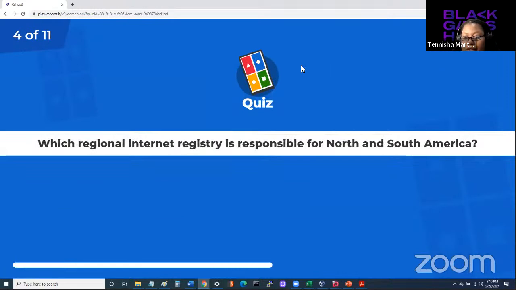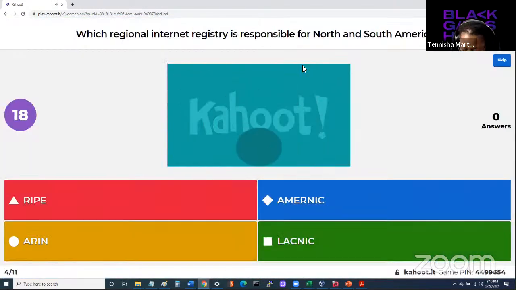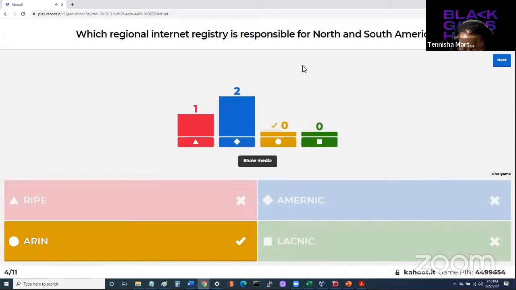Which regional internet registry is responsible for North and South America? All right, so RIPE is the one for Europe. ARIN is the American one. This is for Latin America, and I think this one is just made up.